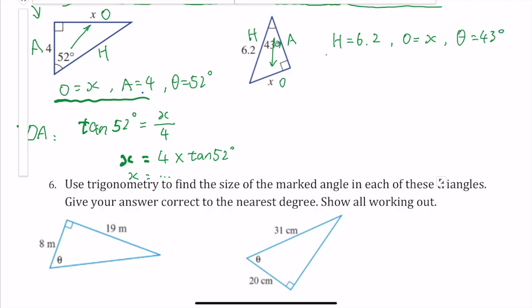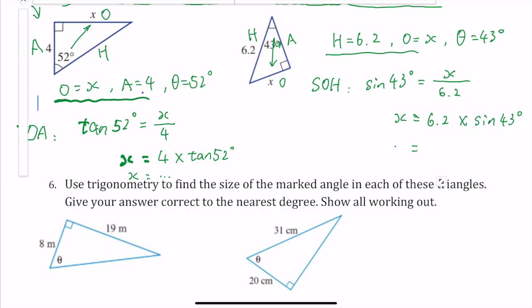You know H and O, which means you are going to use SOH. So sine 43 degrees equals O over H, which is x over 6.2. Again, you are going to find out the x. Please use the calculator to find out the result by yourself.